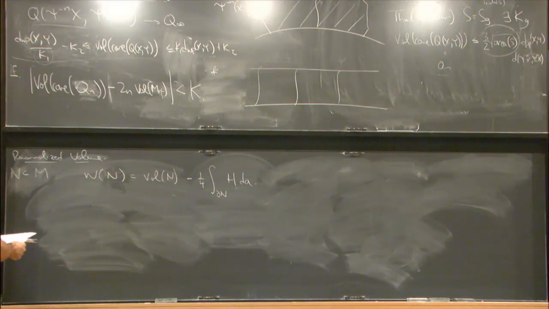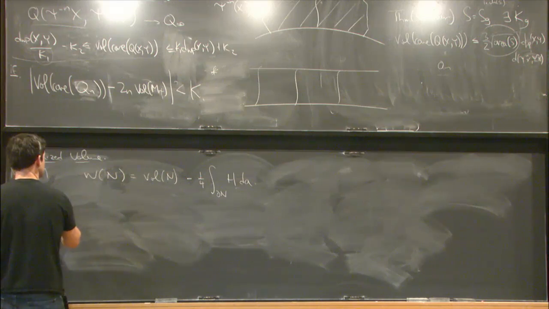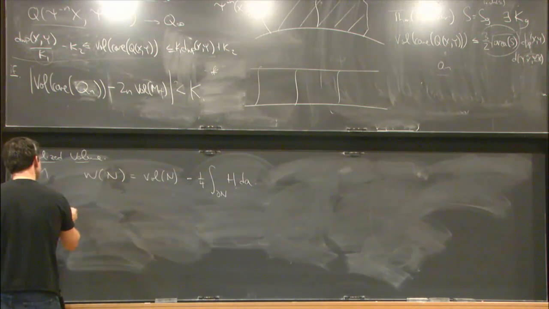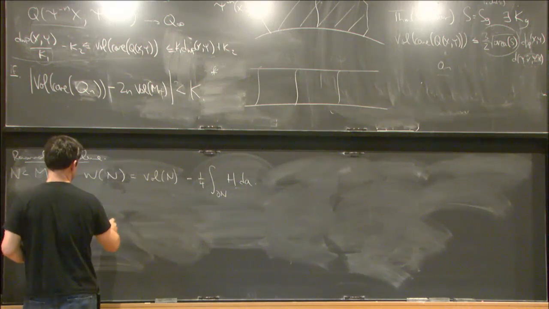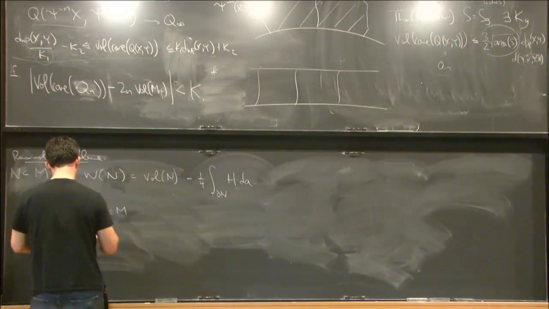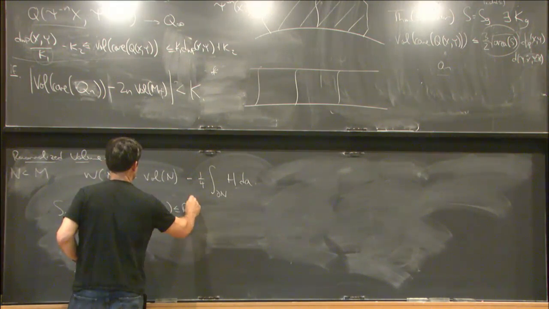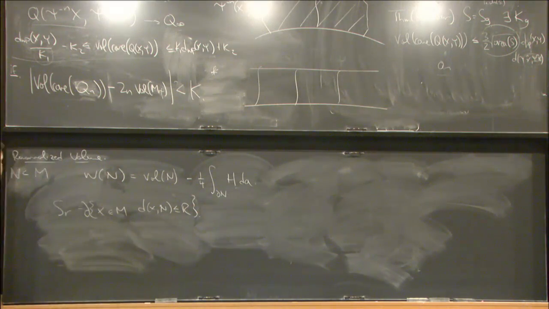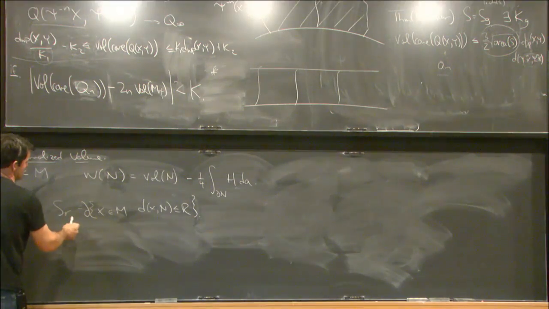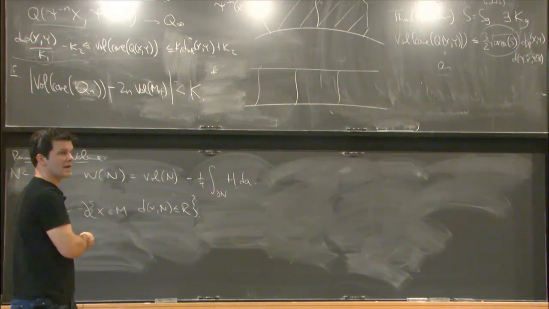So this doesn't seem very canonical, but what they argue is that if you take S_R, the boundary of the set of X in M within distance R, this is some surface, and these S_R converge in the conformal class to the conformal class of the boundary.